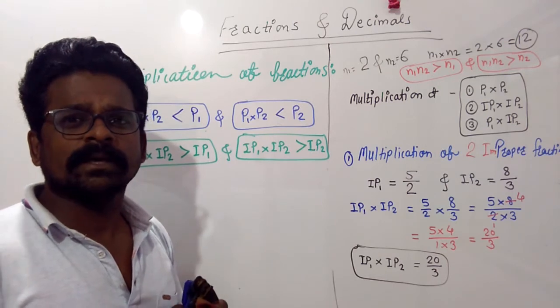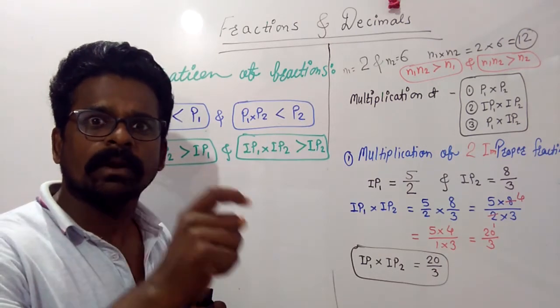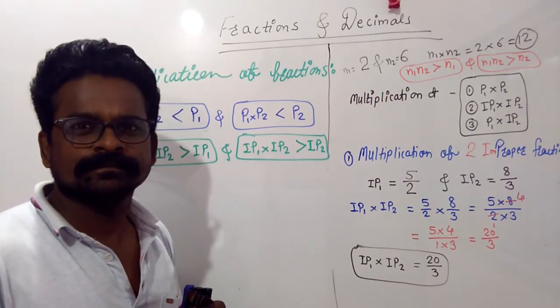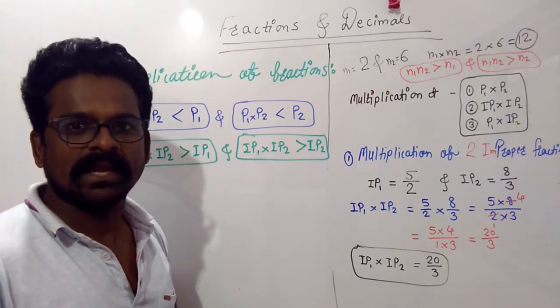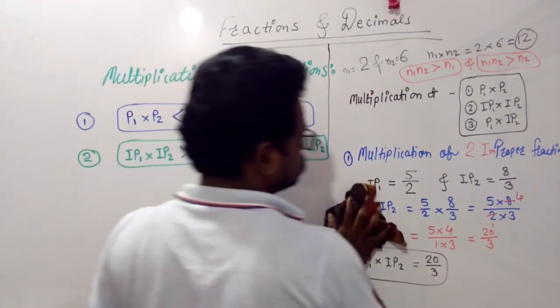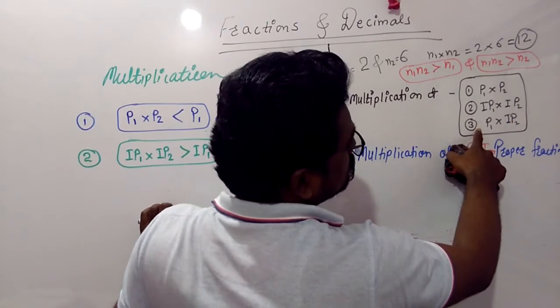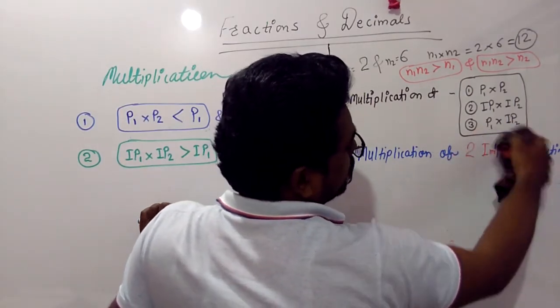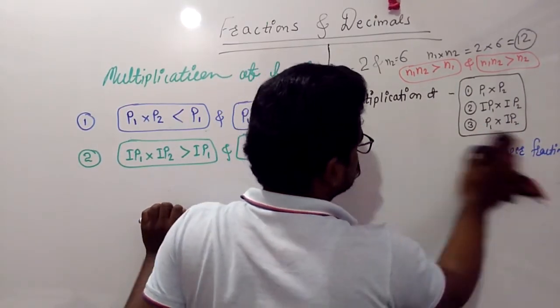Now what will be the case when we will take one proper and another improper? In that case, what will happen? See, we will take that. The third case, product of one proper and one improper fraction.